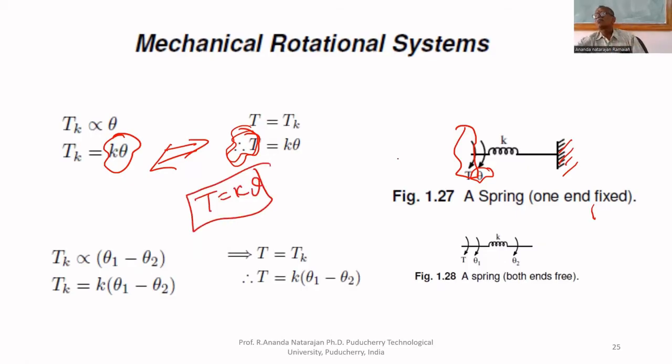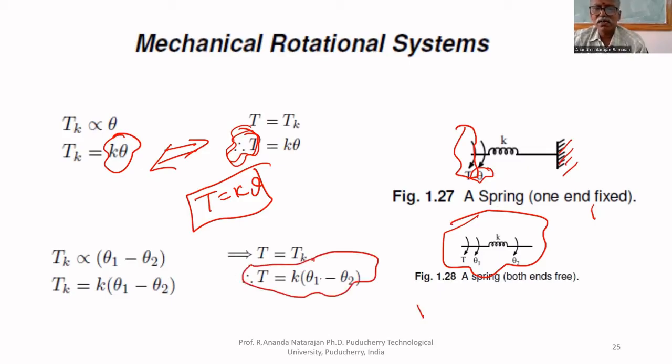Here, mass equal to 0, and there is no dashpot effect. Therefore, the mathematical model is T equal to k theta. That's all. If both ends are free, then T equal to k multiplied by theta 1 minus theta 2.